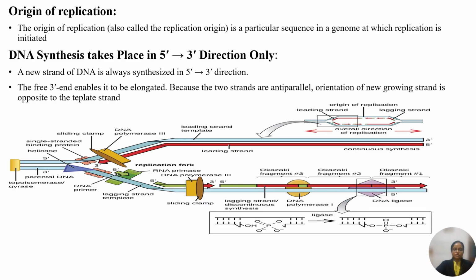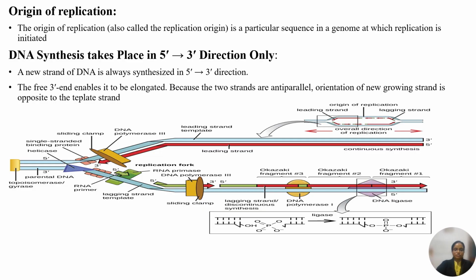Another feature is the presence of the origin of replication. This is the specific site where the replication process begins, that is, where the initial separation of the DNA strands takes place.